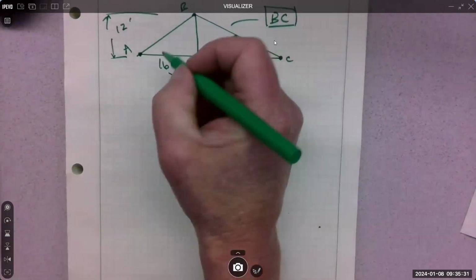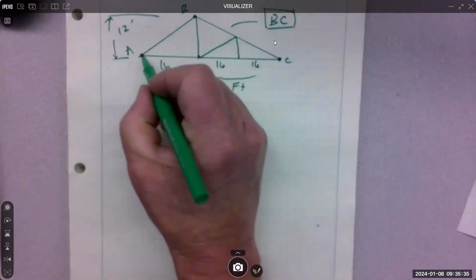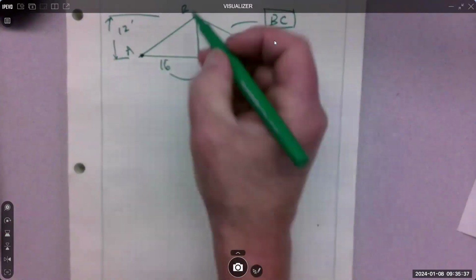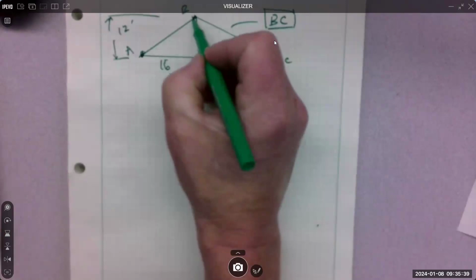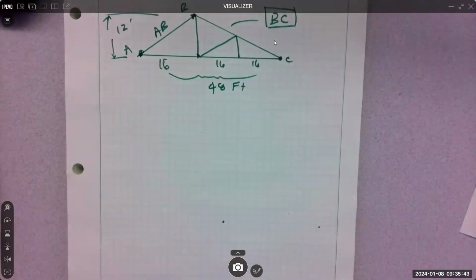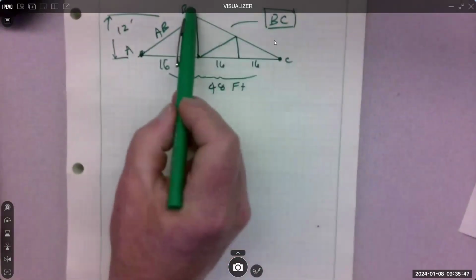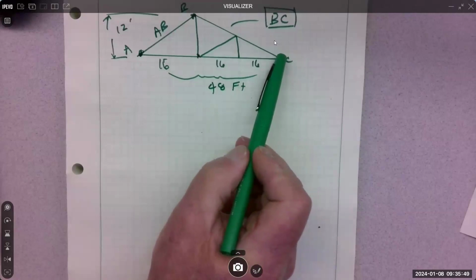So we have 48 feet and we have 12 tall and 16 here. We're gonna need this side, I'll call it AB. We'll get that from a right triangle. Then we have 48 here, and we should be able to get BC, this long side.